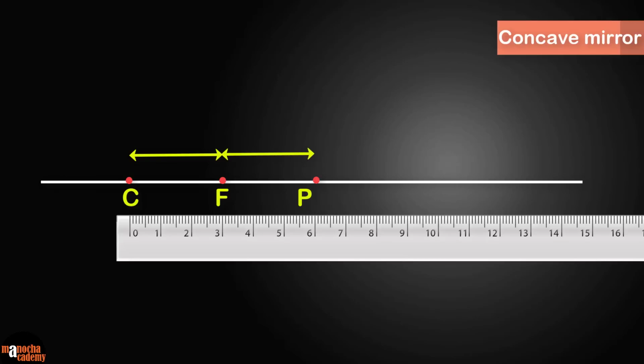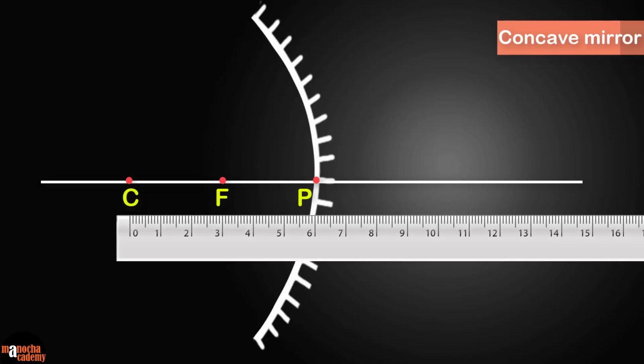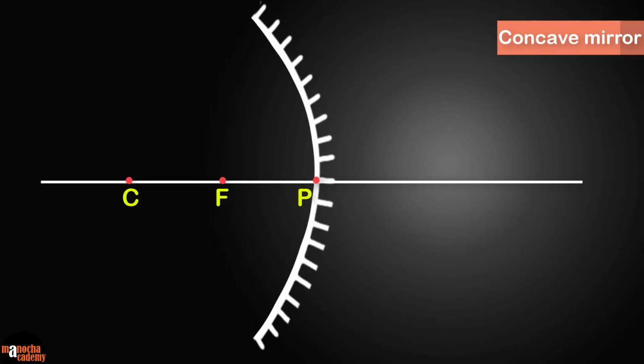C is the center of curvature, F is the focus and P is the pole of the mirror. Now use your compass to draw an arc for the concave mirror. The compass point should be placed at C, the center of curvature, and the radius of the arc will be CP, which is equal to 6 centimeters in this case. Mark the back side of the mirror with these dashes.